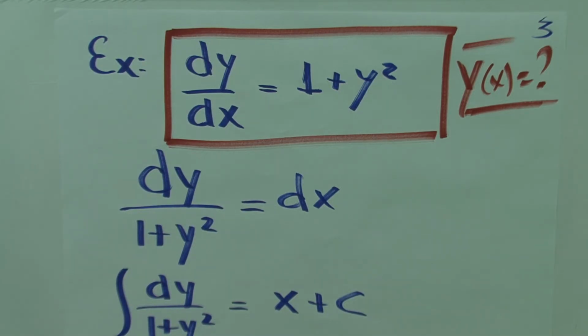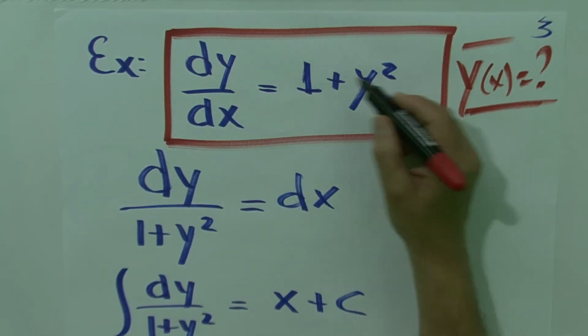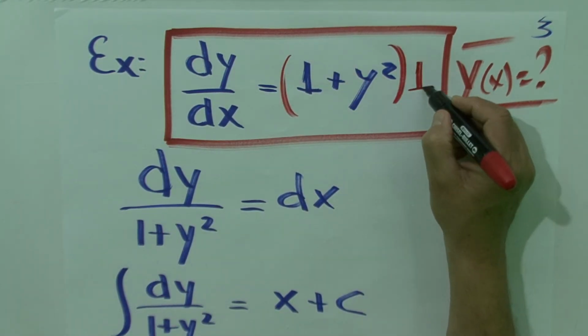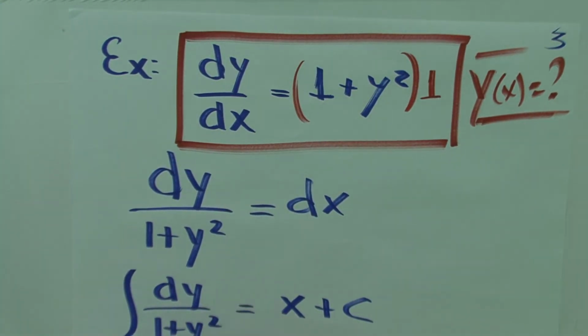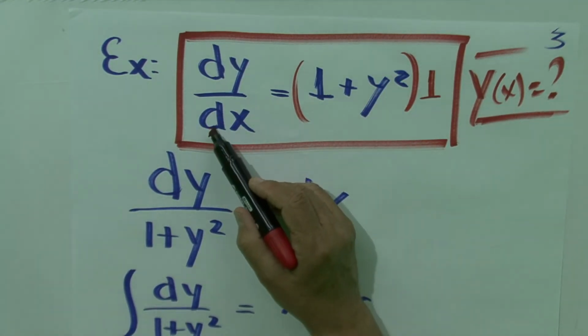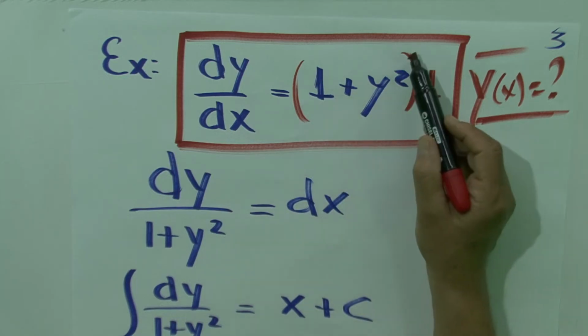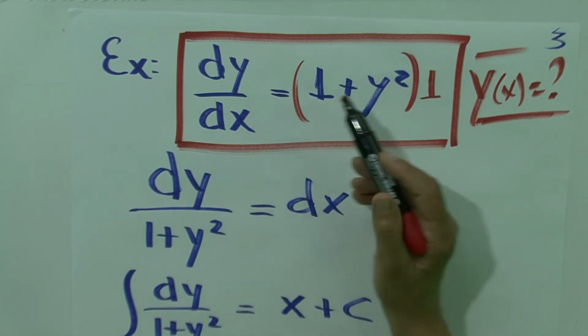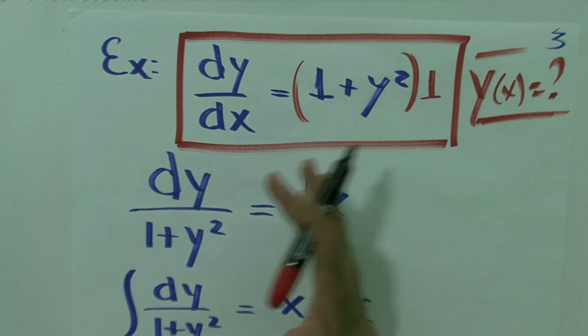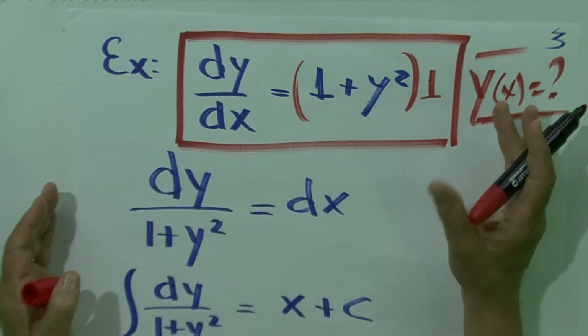And here you see that I can say that this whole thing is like multiplying by 1, right? Therefore, if I divide everything here, then I can separate a relation between the variation of x, variation of y, and x and y in different terms of the equation.